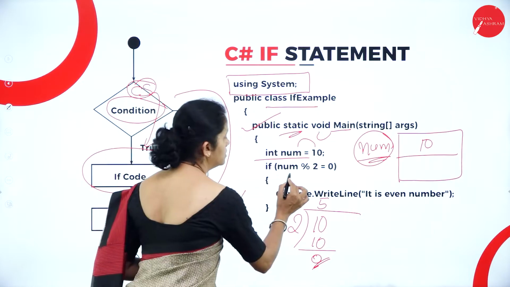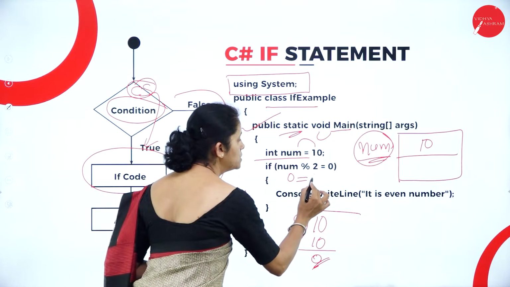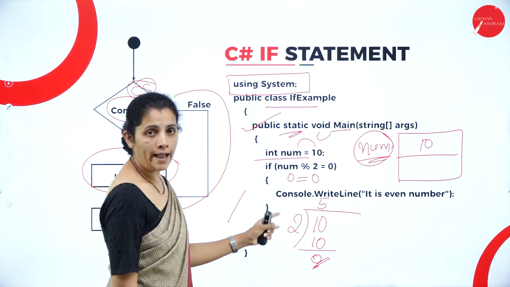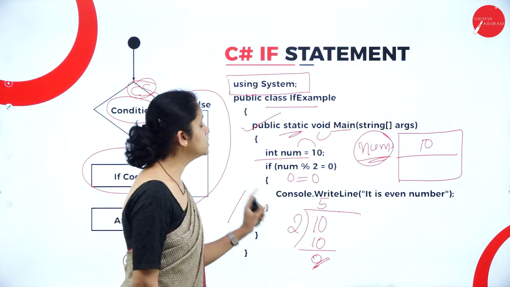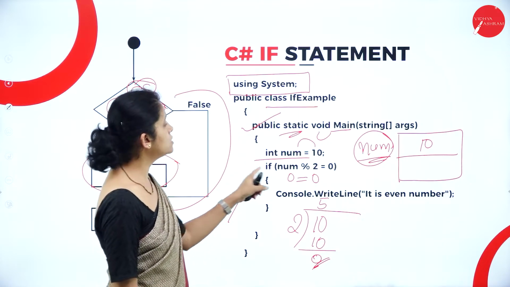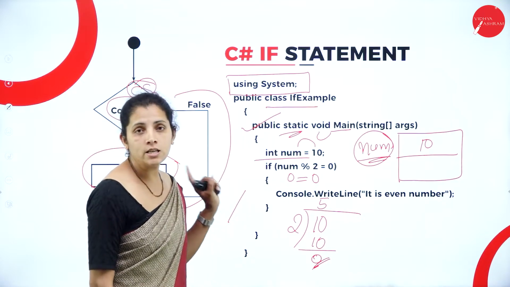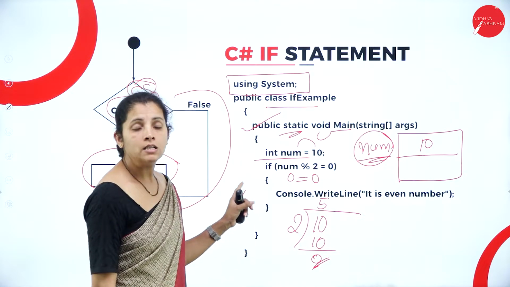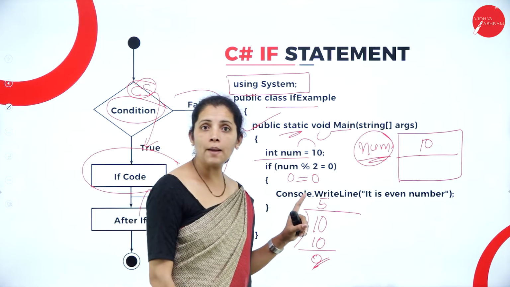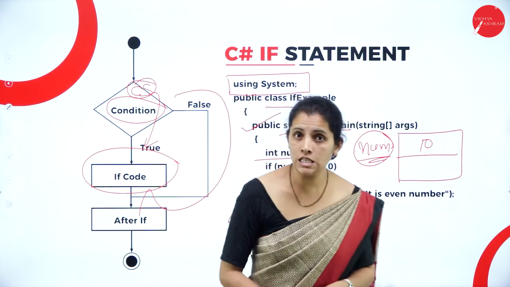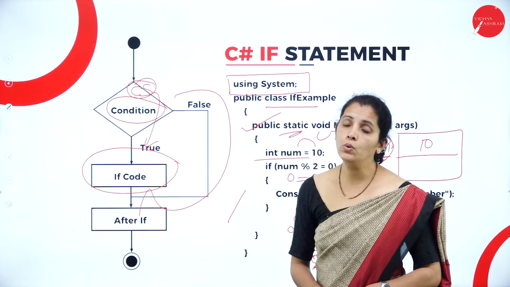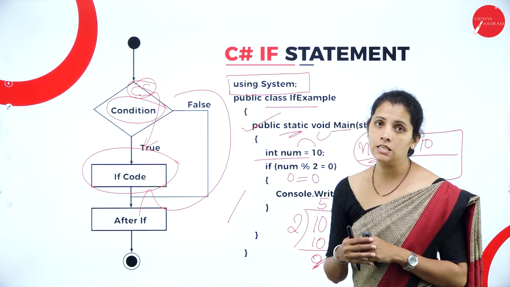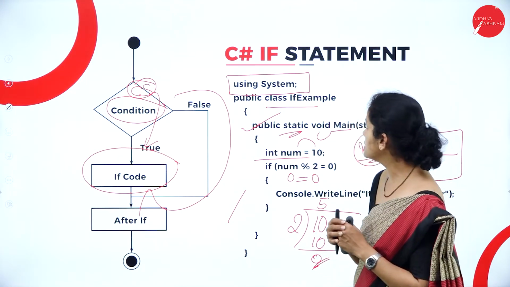So if 0 equal to 0, if this condition is true, then this if statement is going to execute. So this is true. But what is the mistake I have here? C# programming is case sensitive, and I want to use certain names or certain keywords as they are.